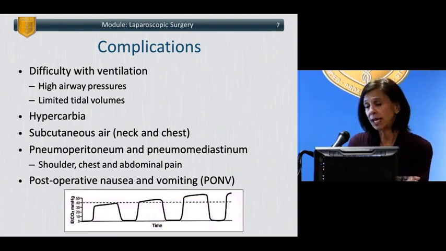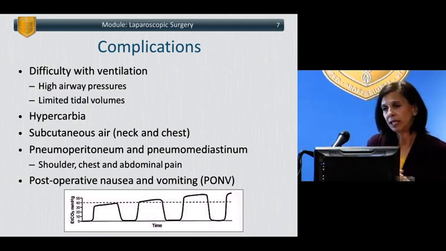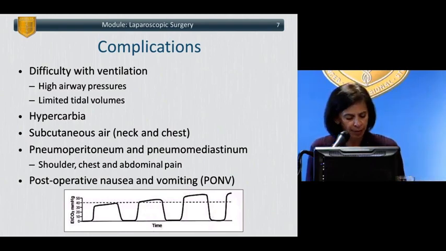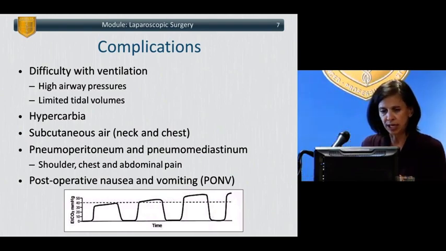You can get subcutaneous air, either from air diffusing through the ports from the abdomen out into the subcutaneous tissue, or inadvertently if the surgeon puts the cannula to inflate the CO2 and hasn't gotten it all the way into the abdomen, and they may be infusing air directly into the subcutaneous tissue.